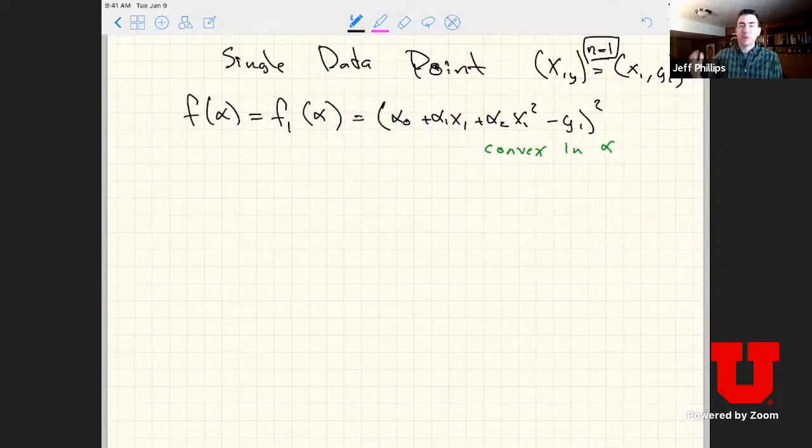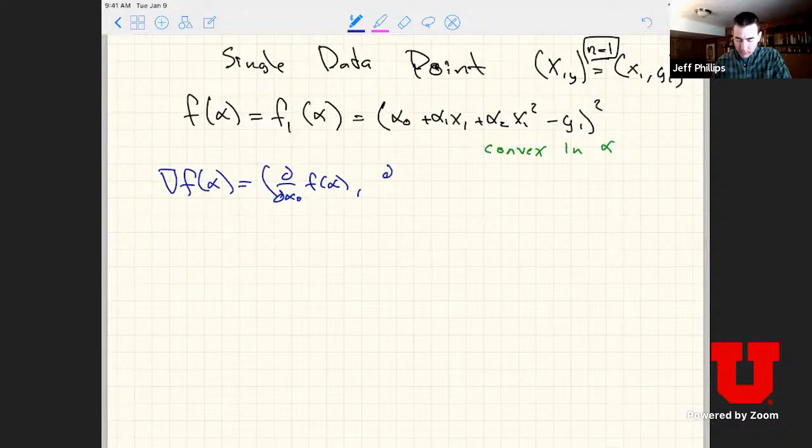So that means we should be able to run gradient descent here. In order to compute the gradient, remember that the gradient of f of alpha is the partial derivative with respect to alpha 0 of f of alpha, the partial derivative with respect to alpha 1, and the partial derivative with respect to alpha 2.